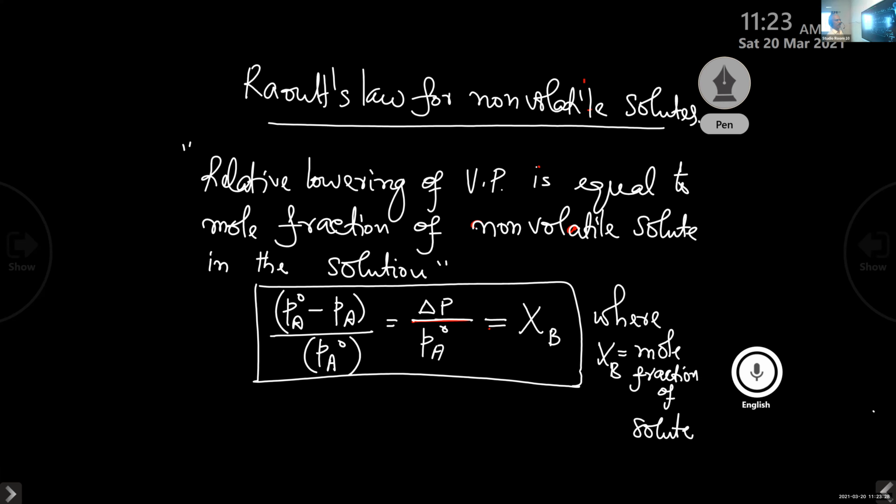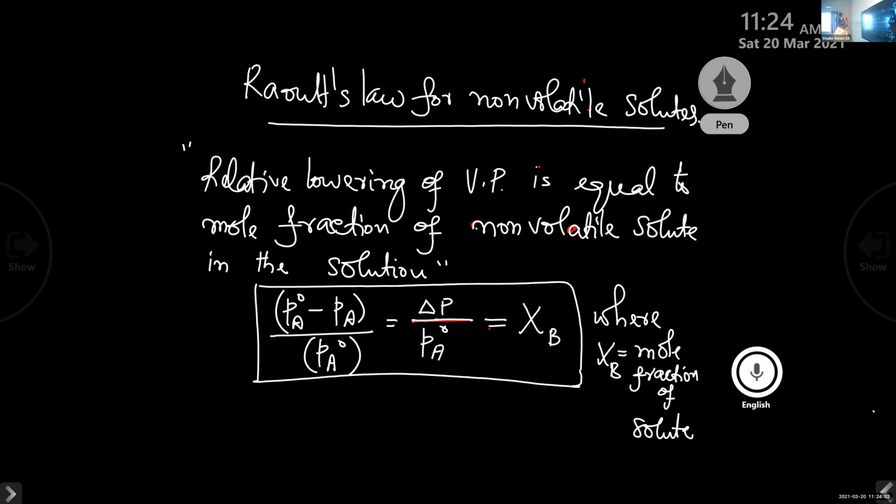Previously we had three equations: PA is equal to PA0 into XA, then PB is equal to PB0 into XB, then XA plus XB is equal to 1. Now a new equation comes here, for relative lowering of vapor pressure and the mole fraction of the solute.